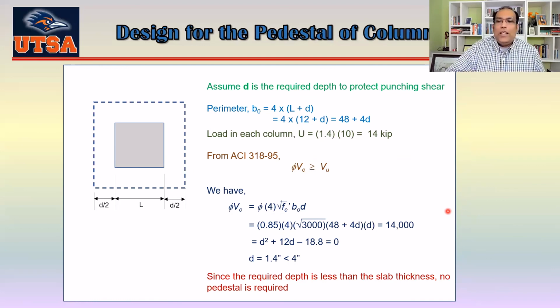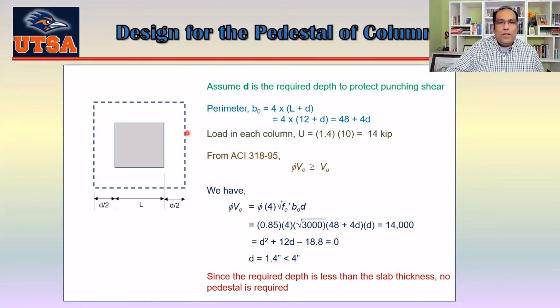Okay, so that's the formula here, that I assume that D is the required depth to protect punching shear. So you can see the perimeter here where the punching shear propagates at 45 degrees.